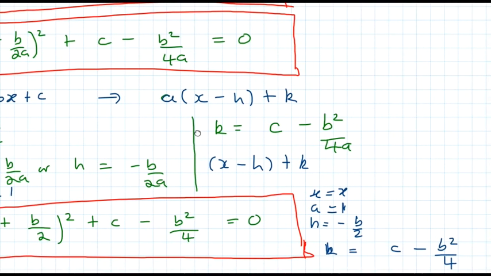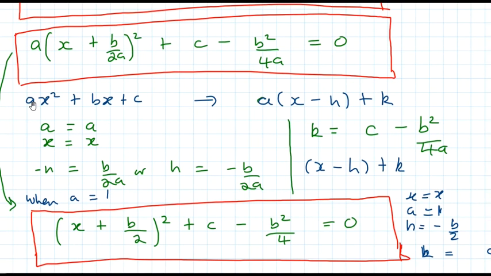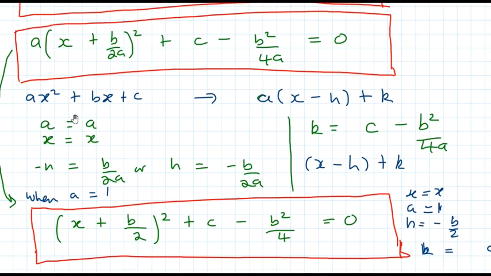So if you are given a certain equation in this form, you can quickly convert it to this form using these formulas which I've just written here. And I will do examples on how to do this.